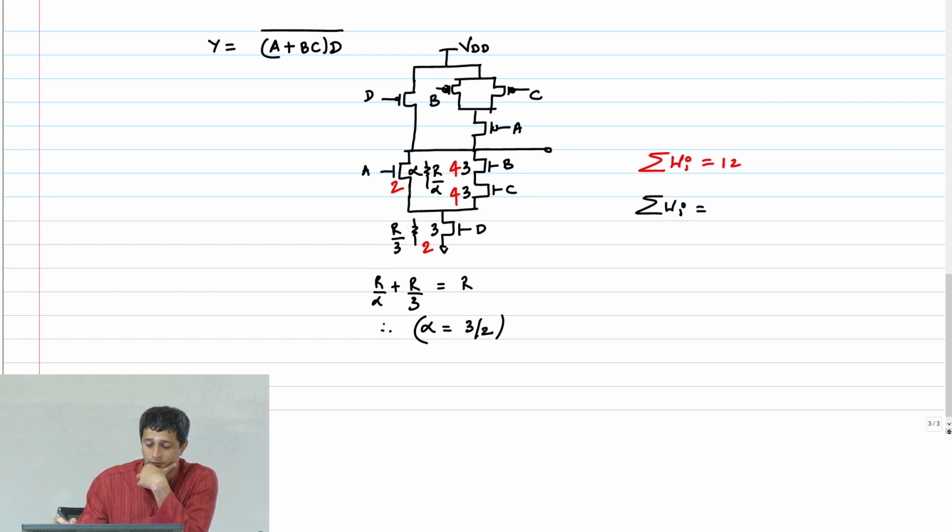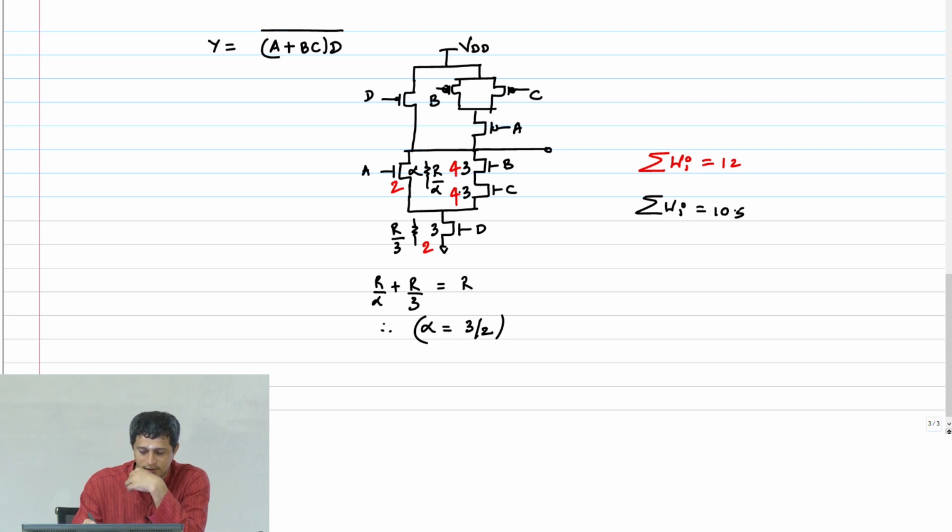Black one? 11 and a half. Correct? 9 plus 1.5, 10.5, sorry. So which one will you choose? The black one, because that has lesser area, right?